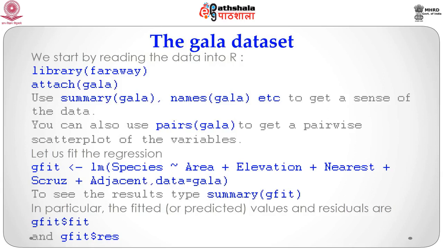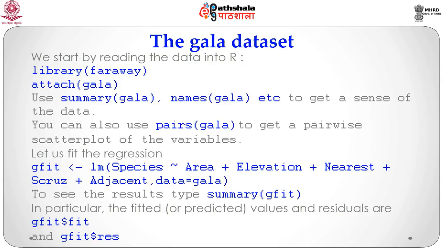To move on to multiple regression, let us first fit a linear regression to the data. So we use the lm command in R and run a linear model where the outcome is the number of species on 5 of the island characteristics: area, elevation, nearest, S-cruise, and adjacent.